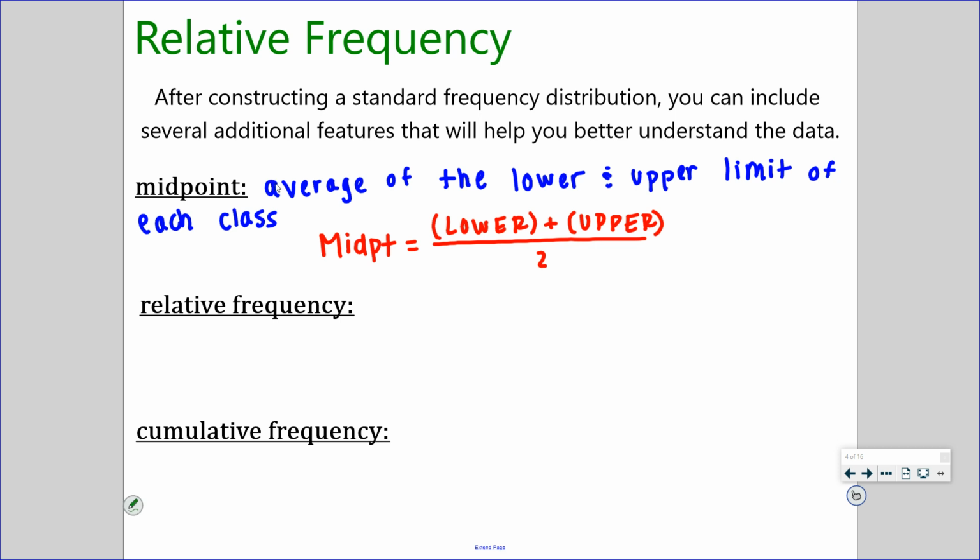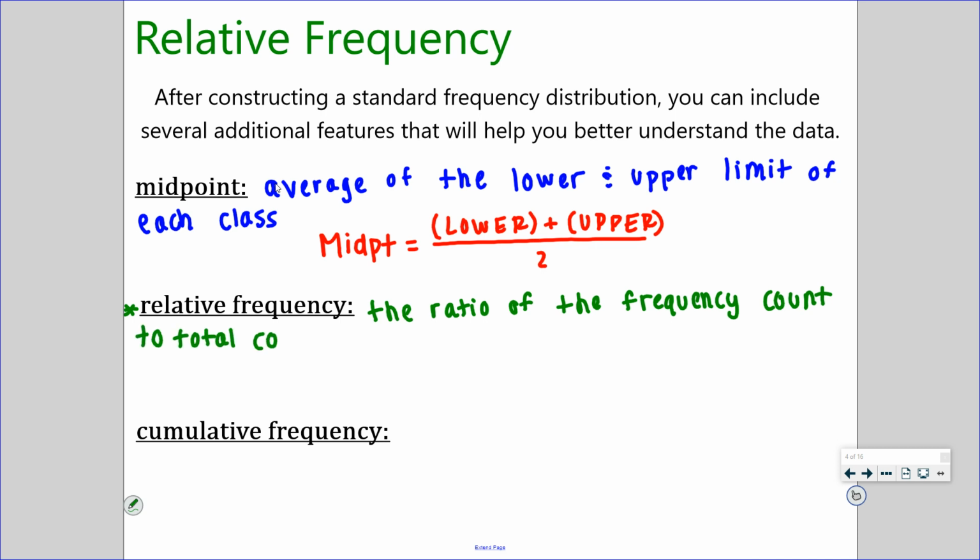Next one, relative frequency. This one comes up a lot, probably the most common. And it's a ratio of how many times it occurs, so the frequency count, to the total count, to the total sample. It's often expressed as a decimal or a percentage.